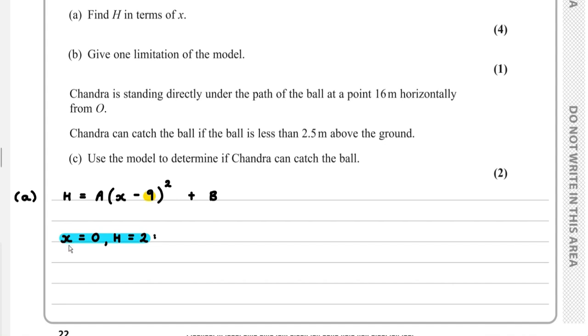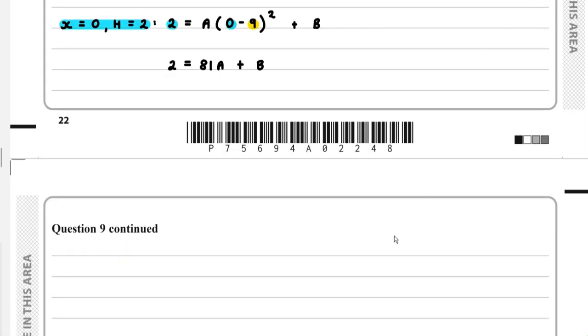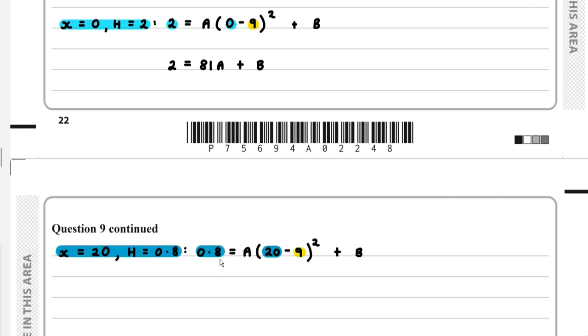If we use the point x equals 0, h equals 2, we have 2 equals a multiplied by 0 subtract 9 squared plus b. So we have 2 equals 81a plus b. If we use the point x equals 20, h equals 0.8, we have 0.8 equals a multiplied by 20 subtract 9 squared plus b.